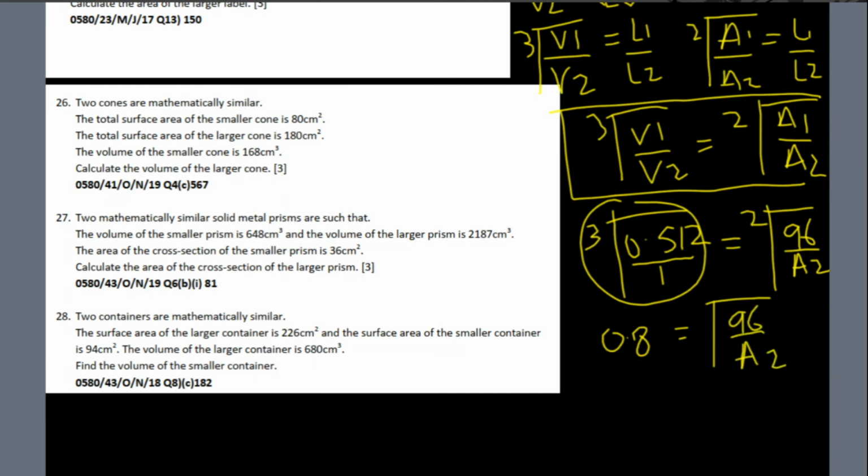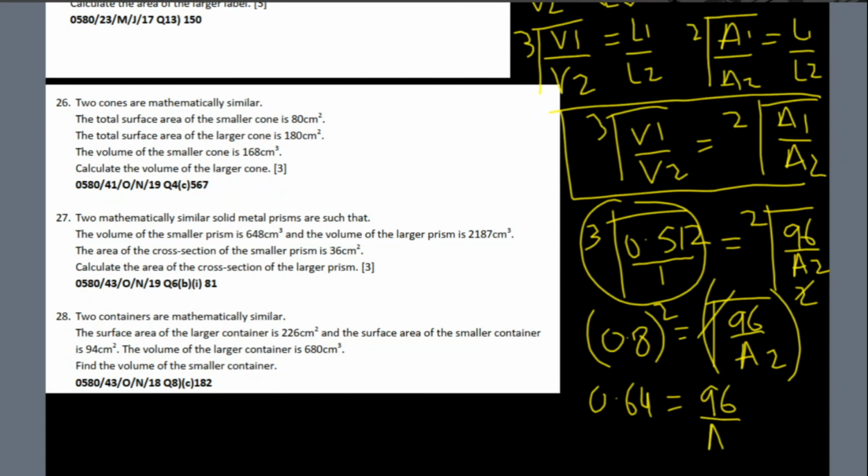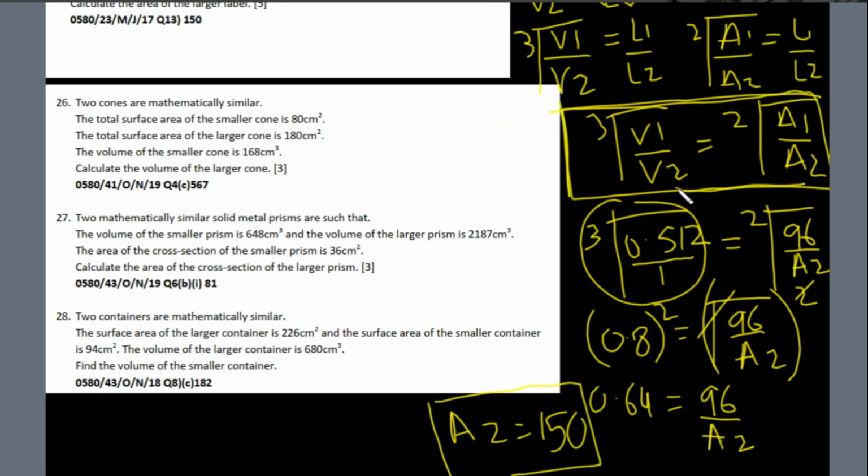First we need to get rid of the square root, so take square on both sides. So this becomes 0.8 square, which gives us 0.64 equals 96 over A2, since the square and square root cancel. Now cross multiply and you will get the same value, 150. So if you can remember this formula, then you can do the same question with relatively fewer steps.